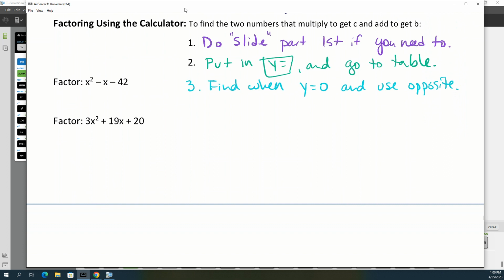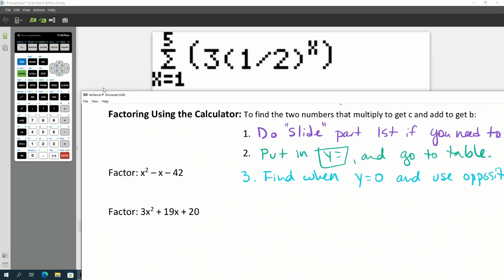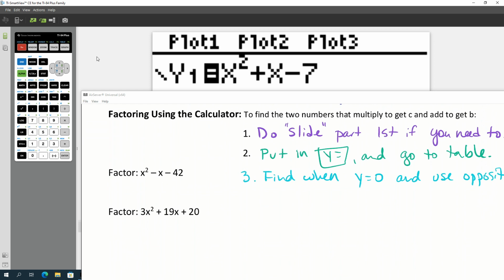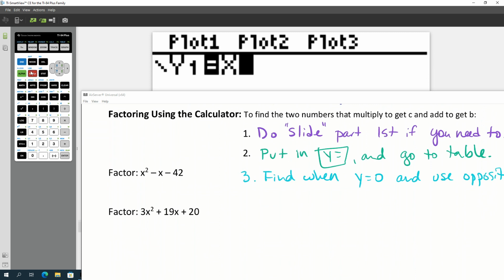Now, unfortunately, in the past, they put a ton of factoring questions on the non-calculator, so that's just dependent on how well you know your multiplication. Do your best on those. But if it is a calculator one, we would do the slide part first if we need to. We don't need to on this first one, so just go ahead and type that into y equals.